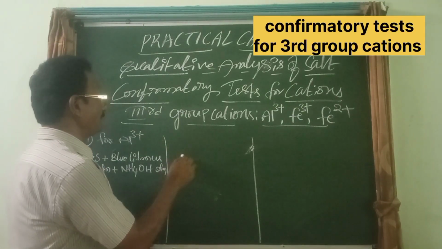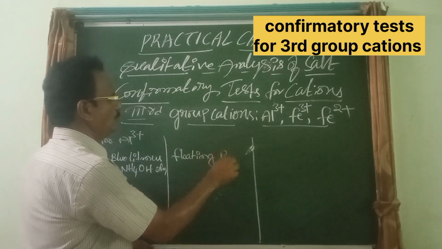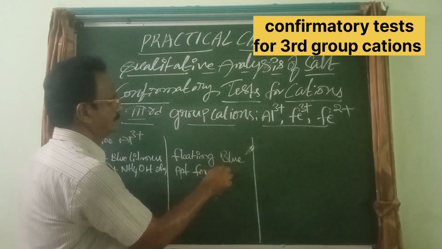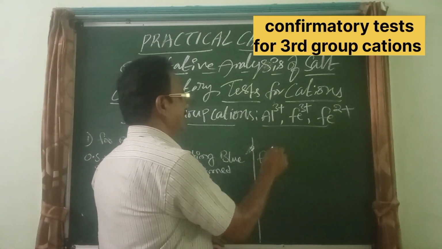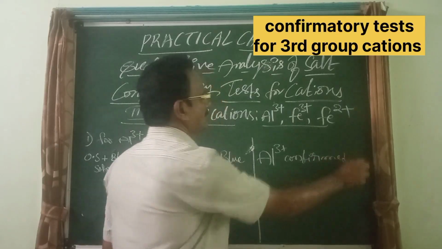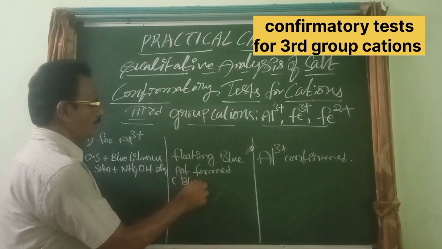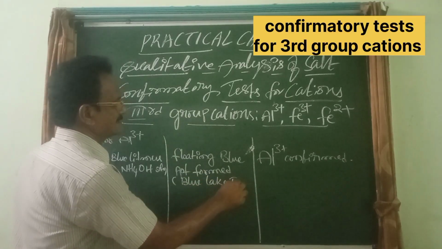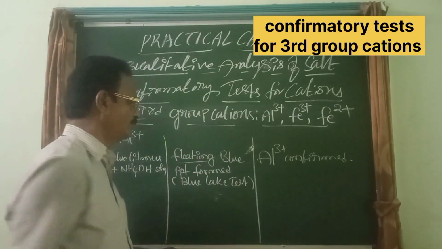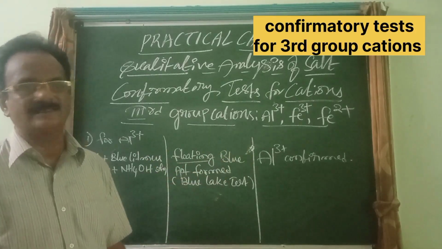If there is a floating blue precipitate formed, Al3+ is confirmed. This is also called the blue lake test. Is it clear? Floating, keep in mind, floating blue precipitate formed. Okay, during this test, if so, then Al3+ is confirmed.